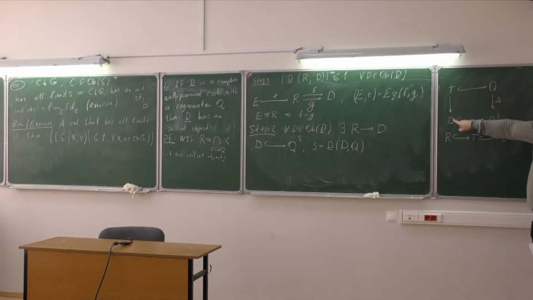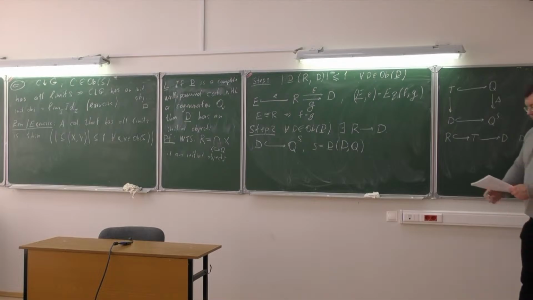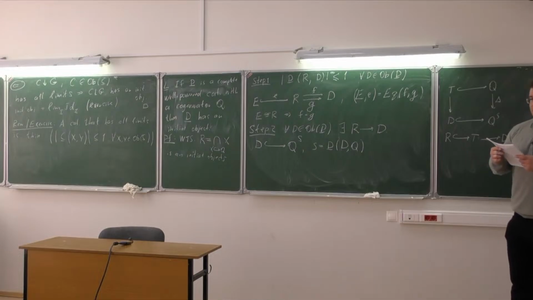T is mapped to the D, and I take the composition, which is R, a sub-object of the T, and then the map to D. Well, this is a non-trivial map from the R to the D. Okay. Questions about this proof?